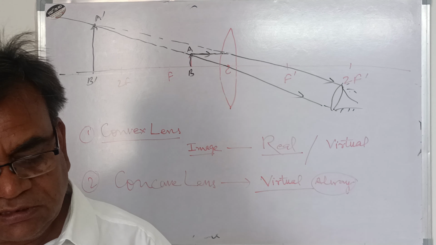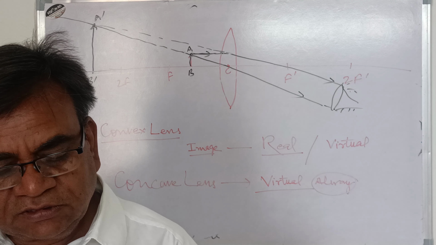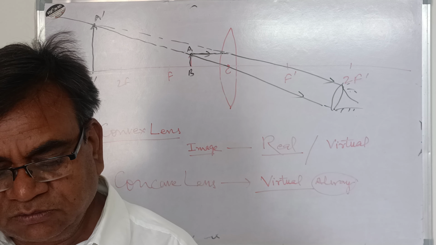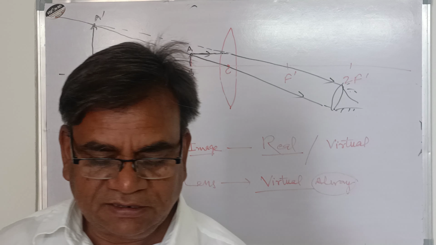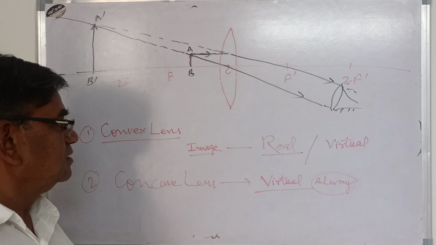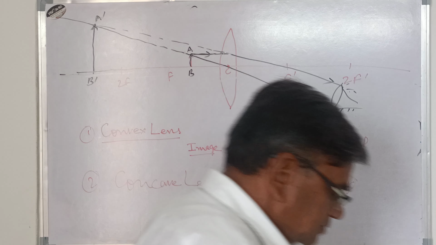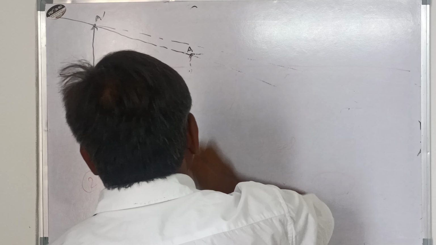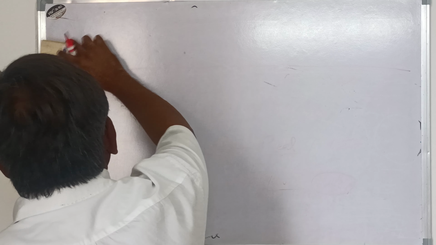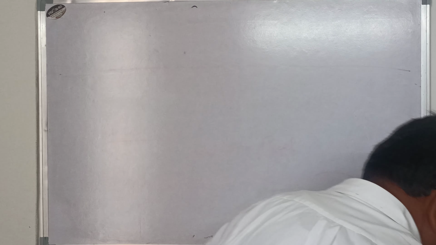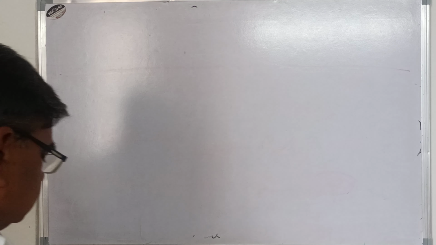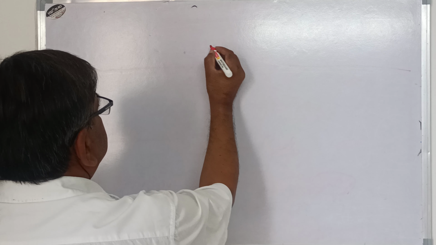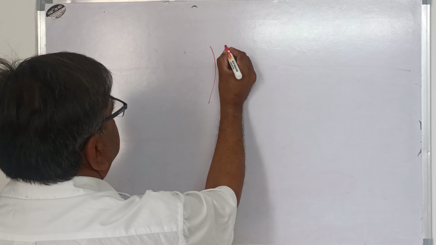Now next question. Take down this figure into your answer book and complete the path of the ray. Very simple figure is given. If you will try, you will do well. This question, then we will take some important questions, some lengthy questions.